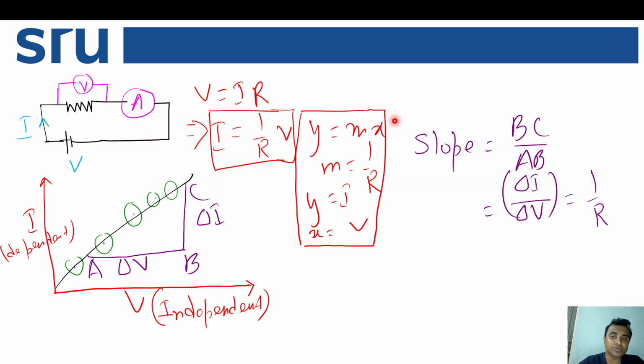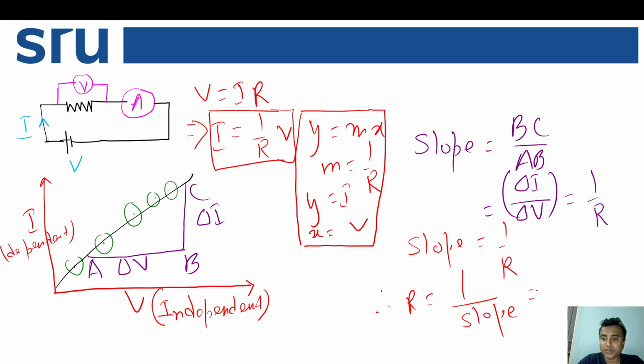Then you can draw this curve, and from the slope of this curve you can measure R. So if you measure the slope, then your slope is now 1 over R. Therefore R will be equal to 1 over slope, or in other words it will be delta V by delta I. So if you calculate delta V by delta I instead of delta I by delta V, you can directly calculate R.